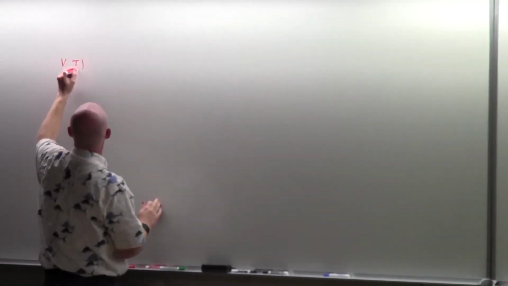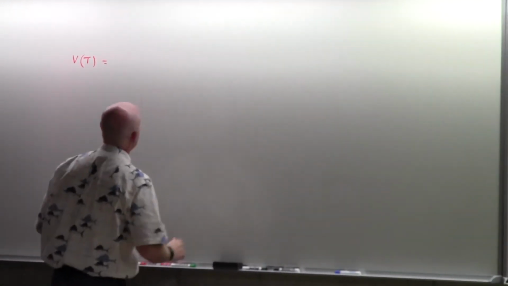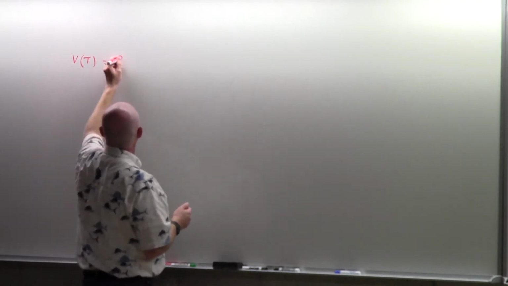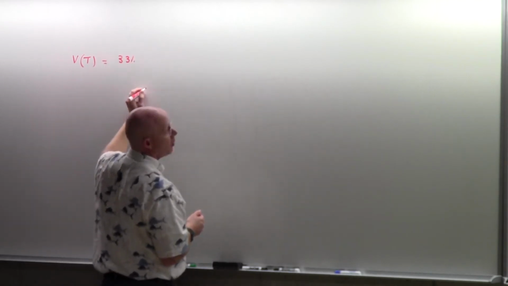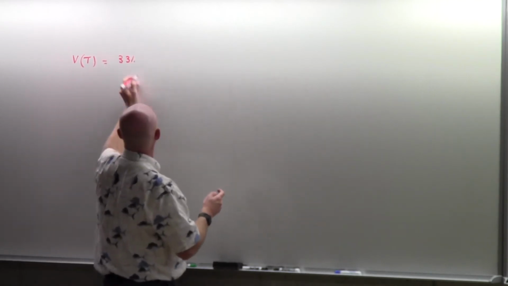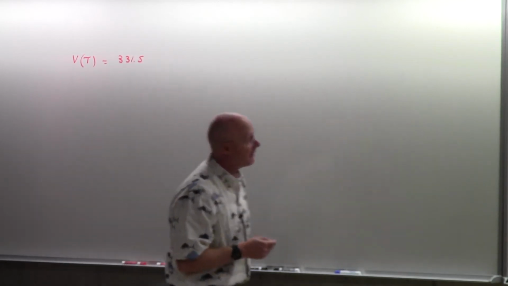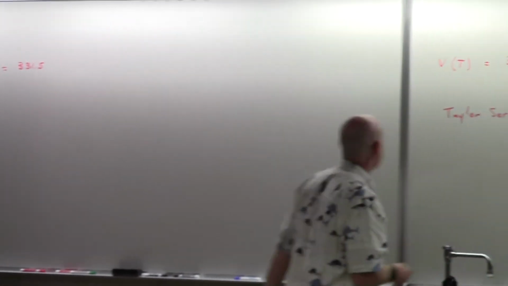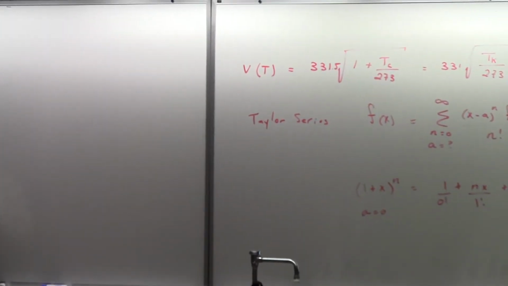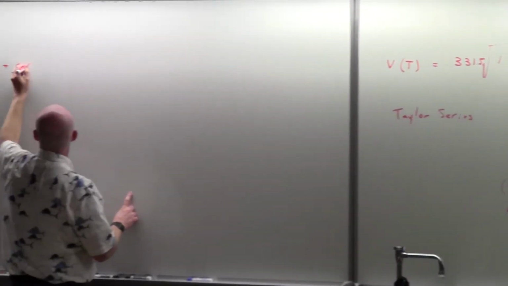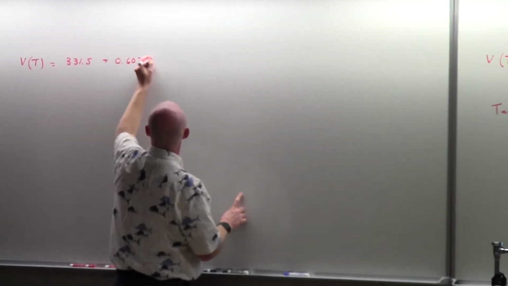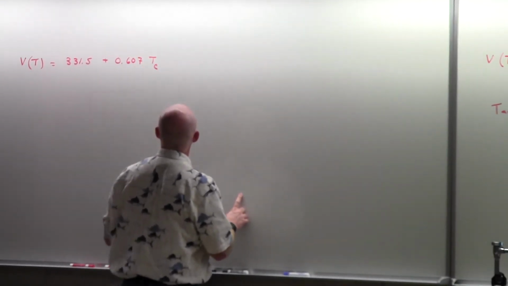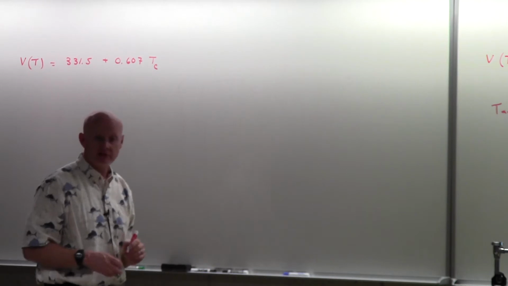The velocity of sound as a function of temperature will be the 331 and actually closer to a half. I didn't put the half on here. Plus 0.607 multiplied by the temperature in the Celsius range.